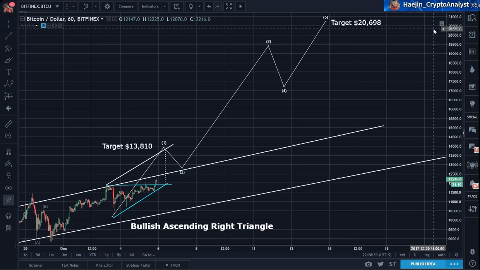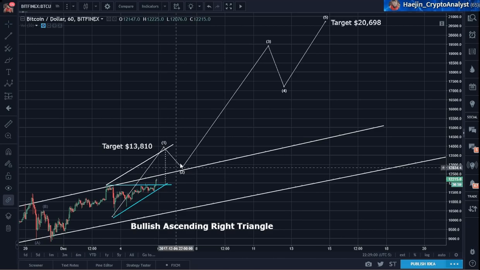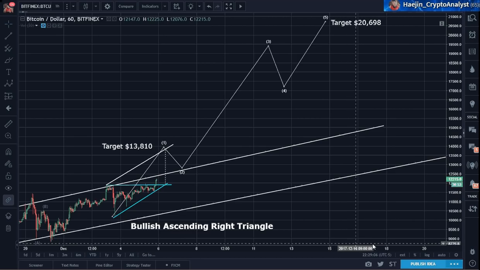And if that's the case, it's almost like apples to oranges. But if it goes according to this, we may have this before the end of December.